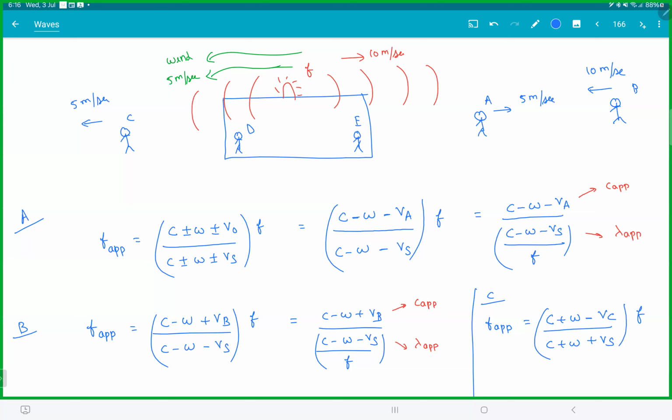Sir, is the wind affecting the sound inside the bus? Yeah, wind is affecting. How will we know this in the exam? There is a window there. People will die if you put them in a sealed bus. Okay, there is a window there.